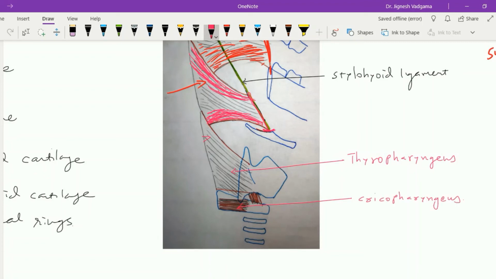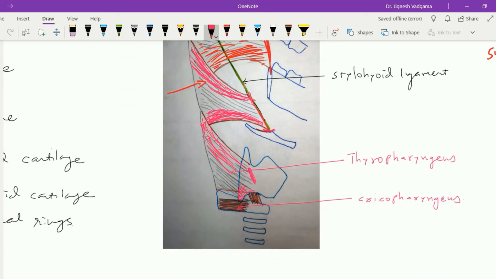The thyropharyngeus muscle arises from the anterior oblique line of the thyroid cartilage as well as from the inferior horn of the thyroid cartilage. Its fibers pass upward and insert on the median fibrous raphe after overlapping the middle constrictor muscle.